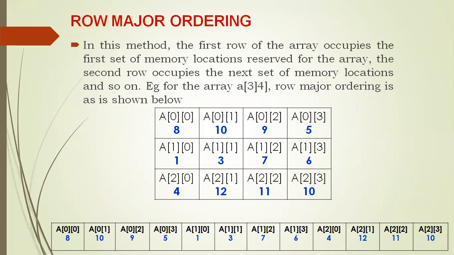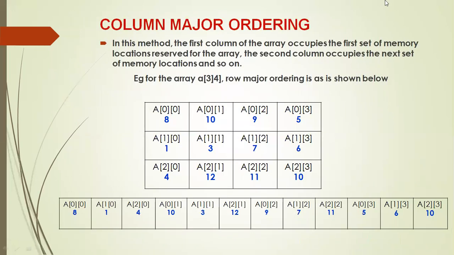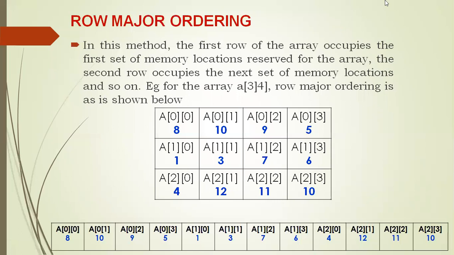The elements of the first row are stored in the first 4 positions. So the first, second, third and fourth locations are reserved for the elements of the first row. The next 4 locations are reserved for the elements of the second row. And the last 4 locations are reserved for the elements of the third row.